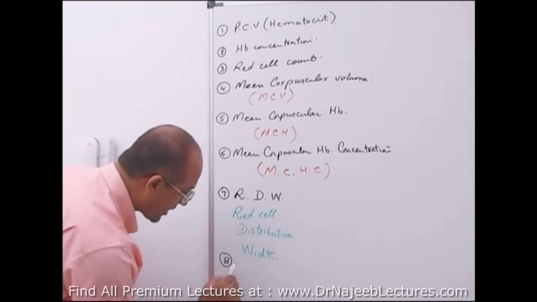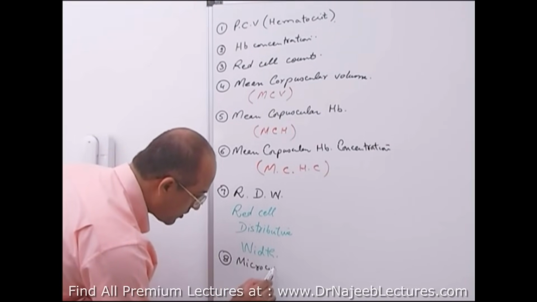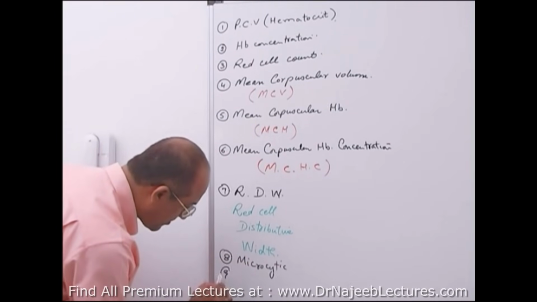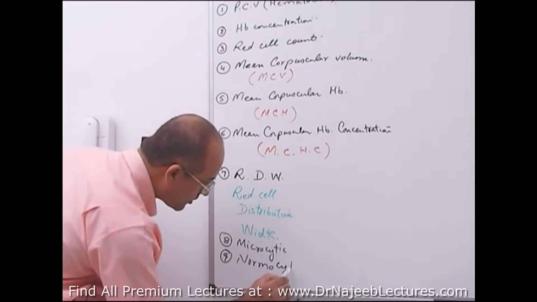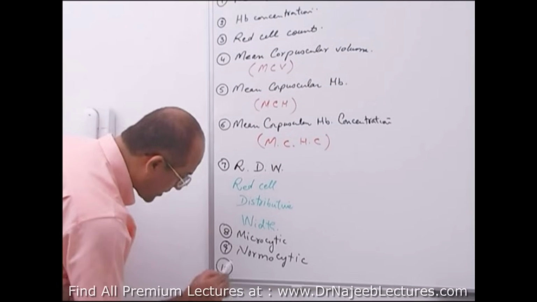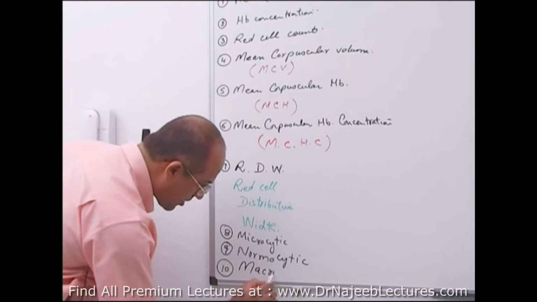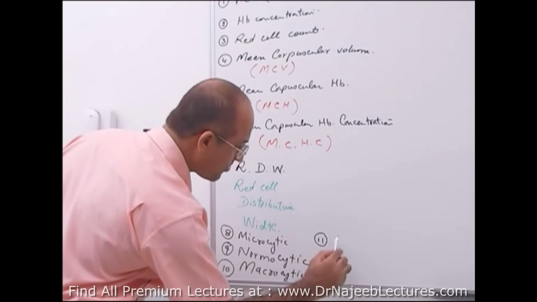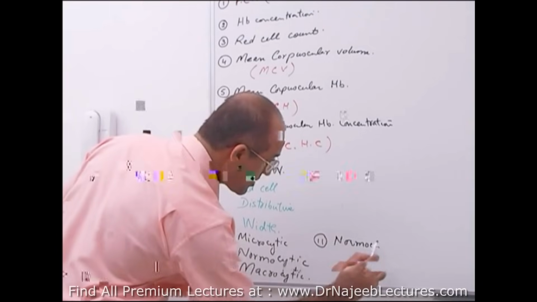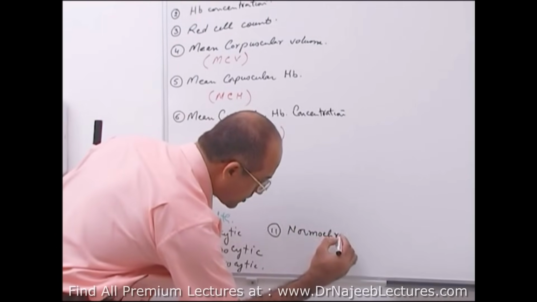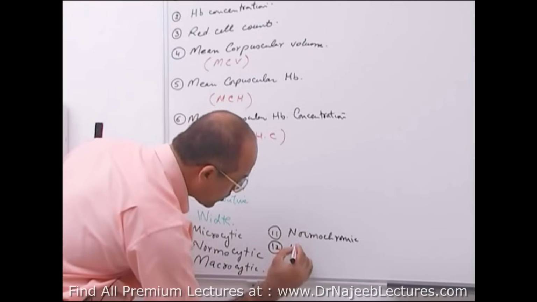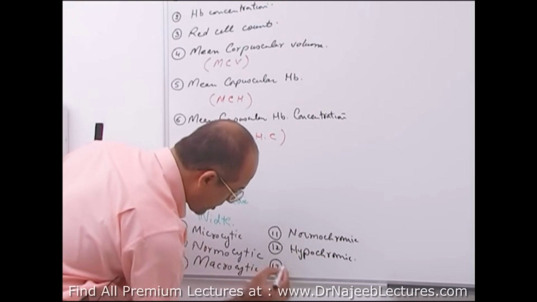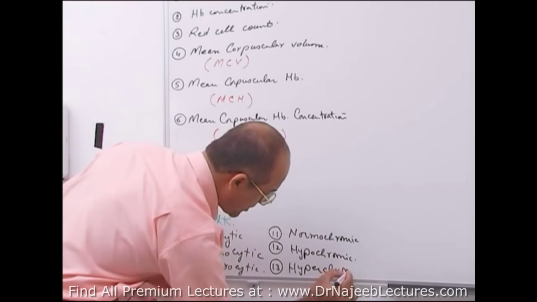Because as we move forward, there will be more terms which will be made clear to you. For example, by the end of the lecture, you must be clear about microcytic, normocytic, and macrocytic red blood cells, and also normochromic, hypochromic, and hyperchromic cells.